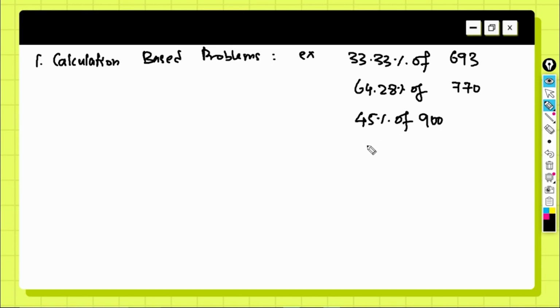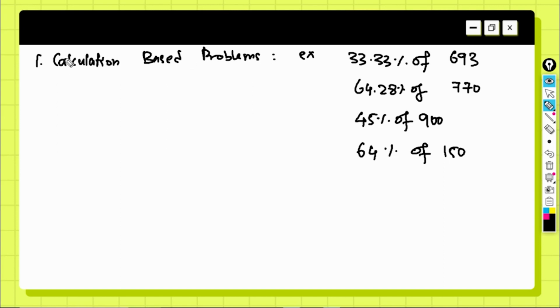Last question, 64 percentage of 150. Okay. These are some of the problems, or a combination of these also can be given in problems. Okay. So how to calculate this?